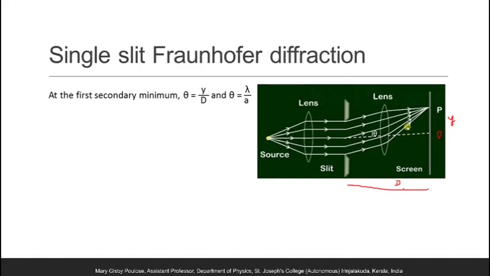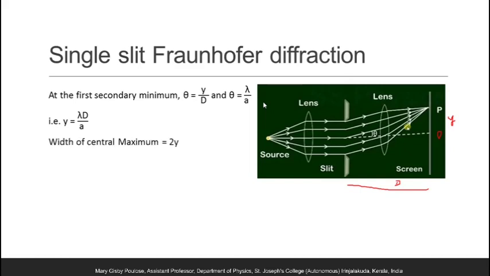And from the condition for minima, we get for the first secondary minima theta equal to n lambda by a, where n is equal to 1, that is theta is equal to lambda by a. So using these two conditions we can write y is equal to lambda D by a.